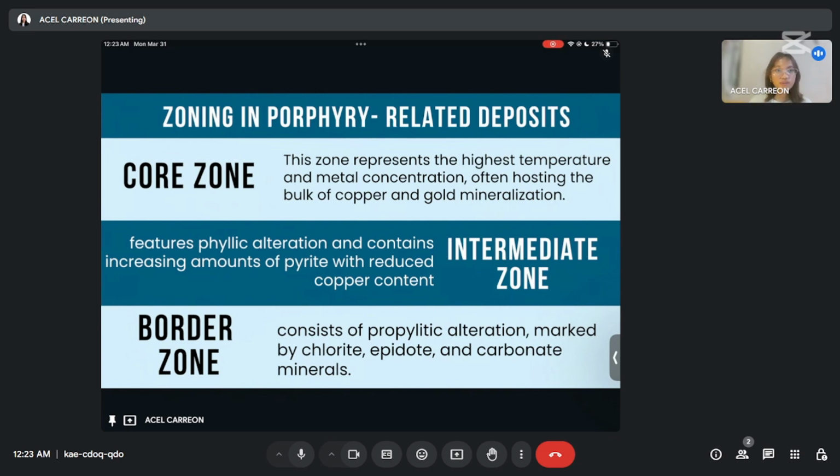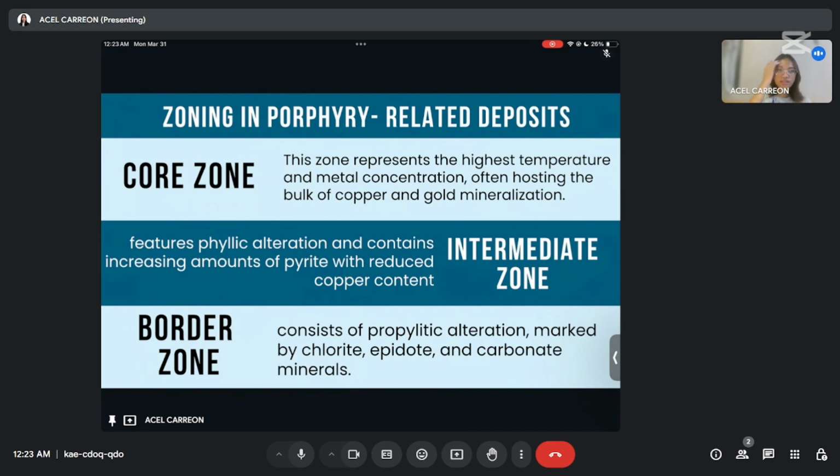The core zone is typically characterized by stockwork veins and disseminated sulfides, mainly chalcopyrite and bornite. It is within potassic altered rocks rich in K-feldspar and biotite. This zone represents highest temperatures and metal concentration, often hosting the bulk of copper and gold mineralization.